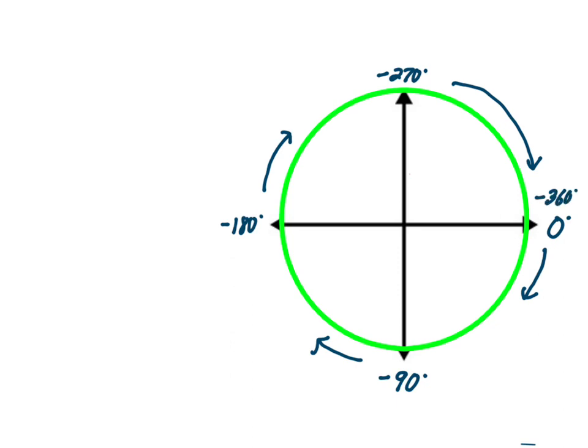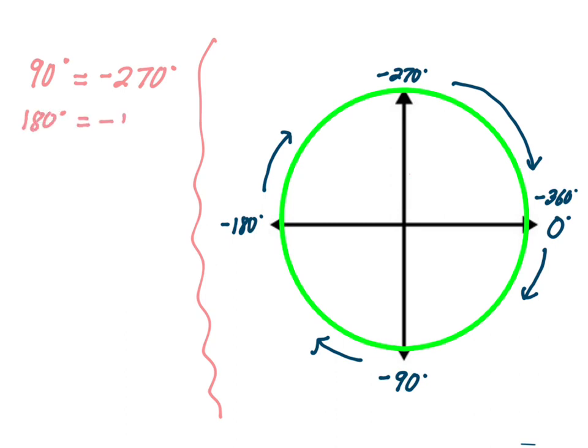So what we know then, and we'll just kind of put this off to the side, is if we go 90 degrees, that's the same as going negative 270 degrees. If we go 180 degrees, that's the same as going negative 180 degrees.